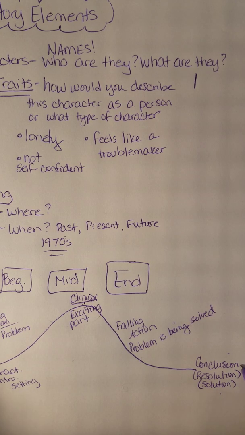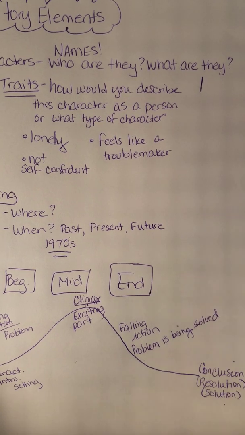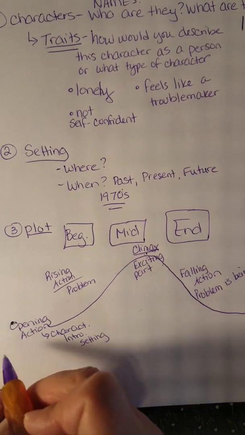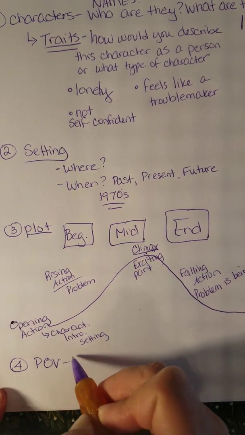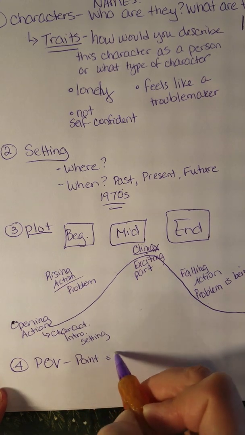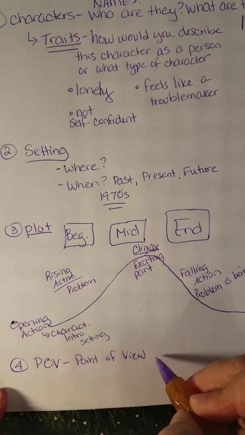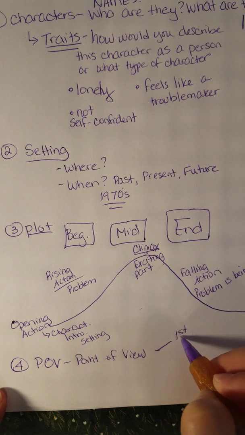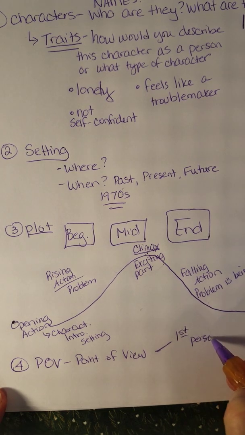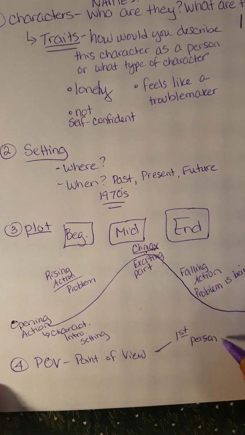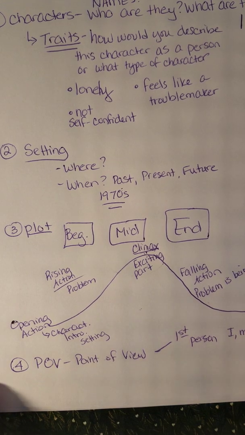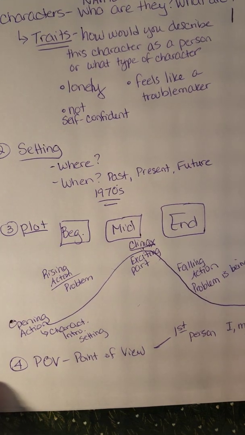How does it end? So then we also have been talking about point of view. I call that POV or point of view. You have first person, where the character in the story itself is telling the story. And so you're going to see words like I, my, we, ours. Okay.